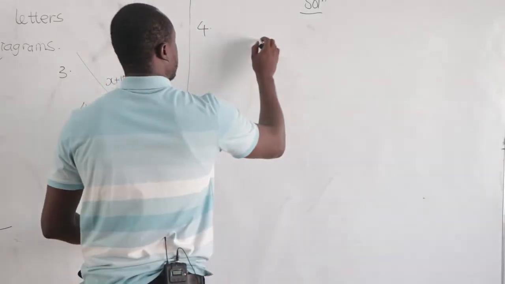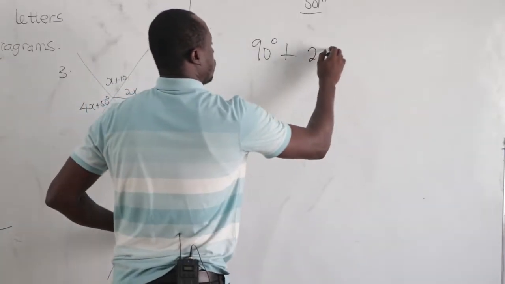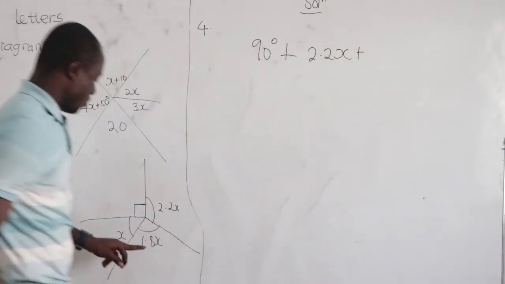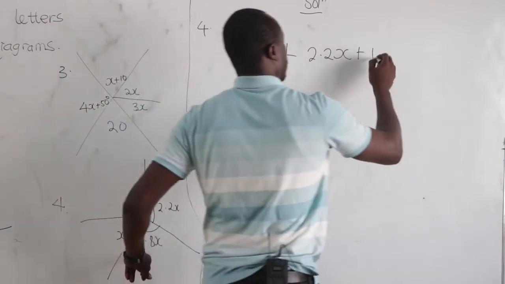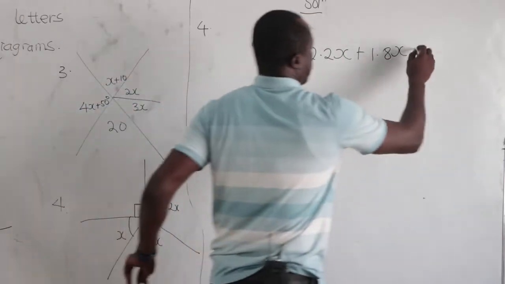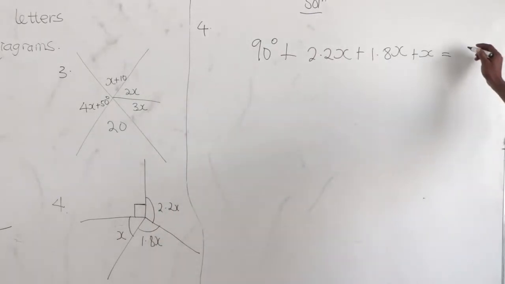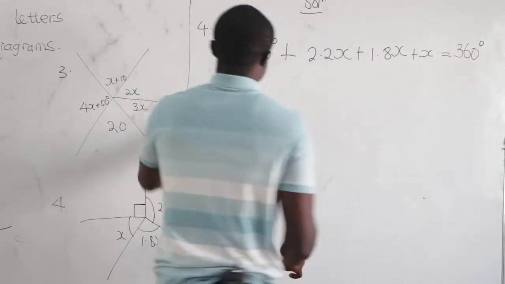So the angle here is 90, so you have 90 degrees. Now what's the angle here? That is 2.2x. What's the angle here? 1.8x. What's the angle here? The angle there is x, and this is equal to 360 degrees. Now let's see.